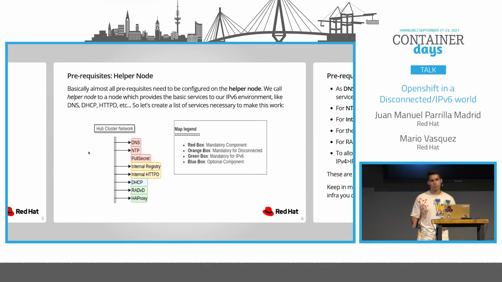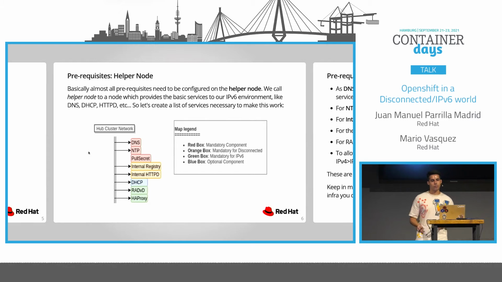But in any case, DNS records will be required for interacting with our cluster at the end. Then we want to have NTP service. This is really important when we are deploying the cluster. One of the first things that will happen is that the etcd cluster needs to form the quorum, and we need NTP in place. Otherwise, we can get some issues when etcd is forming its quorum.